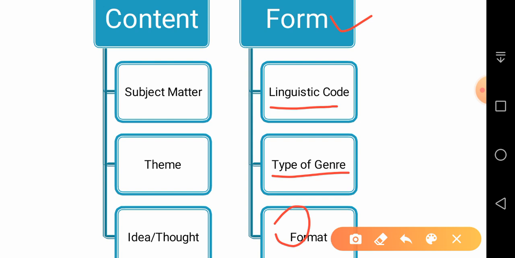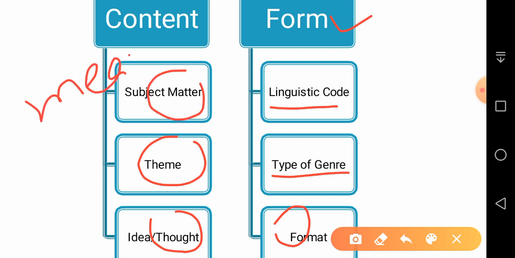I mean, the language, literary devices, etc. So theme or message, or we can say meaning, even meaning or message, it is hidden in the linguistic code.